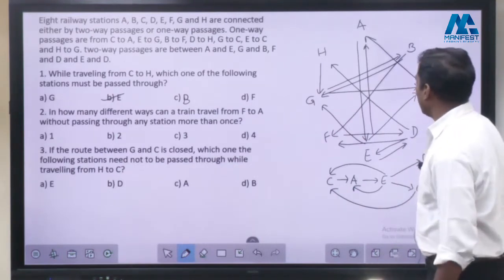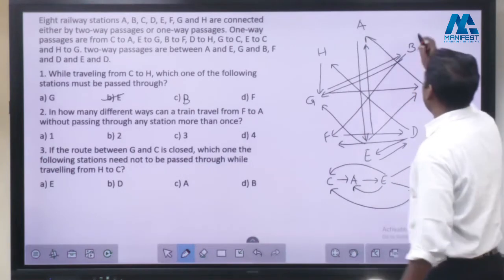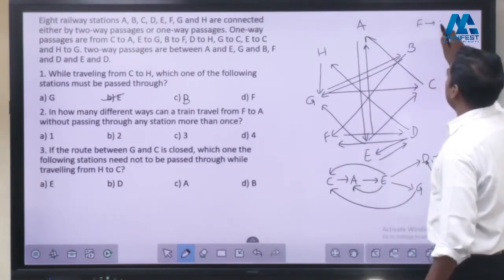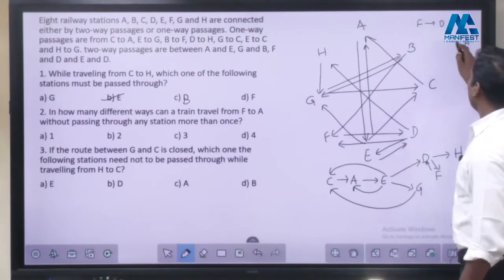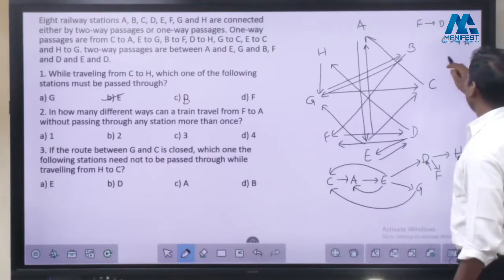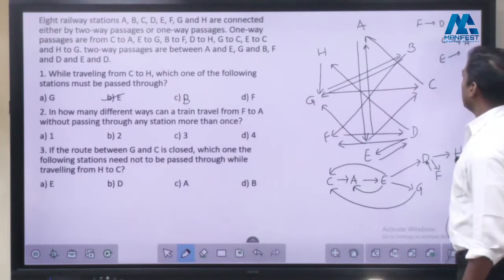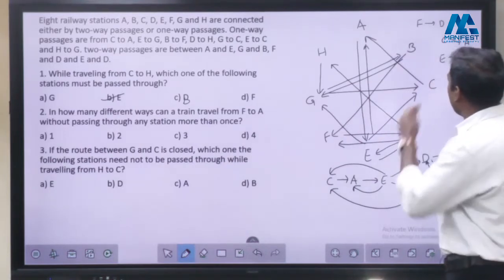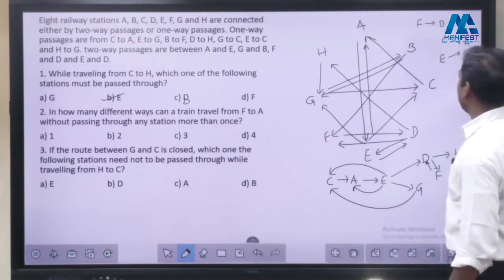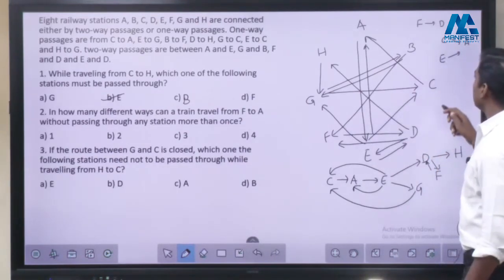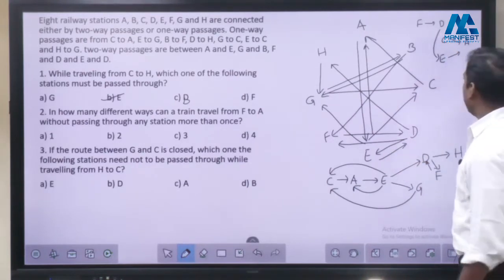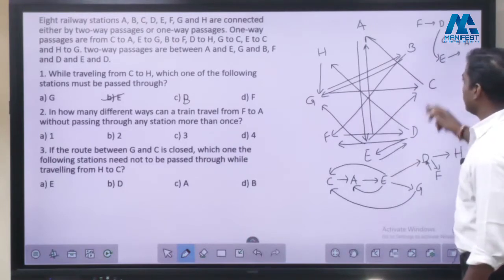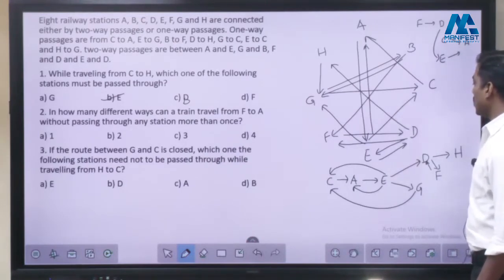Okay, F to A. F has only one outlet, that is towards D. And A has two inlets, one from C and another from E. Now try to connect D and C, or D and E. D and E, there is a connection. Then between D and C, is there any connection? No. D and C, there is no connection.